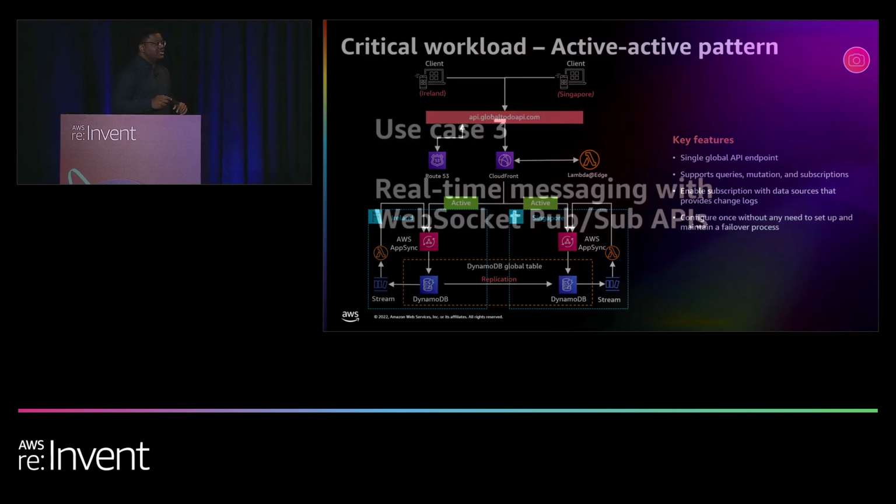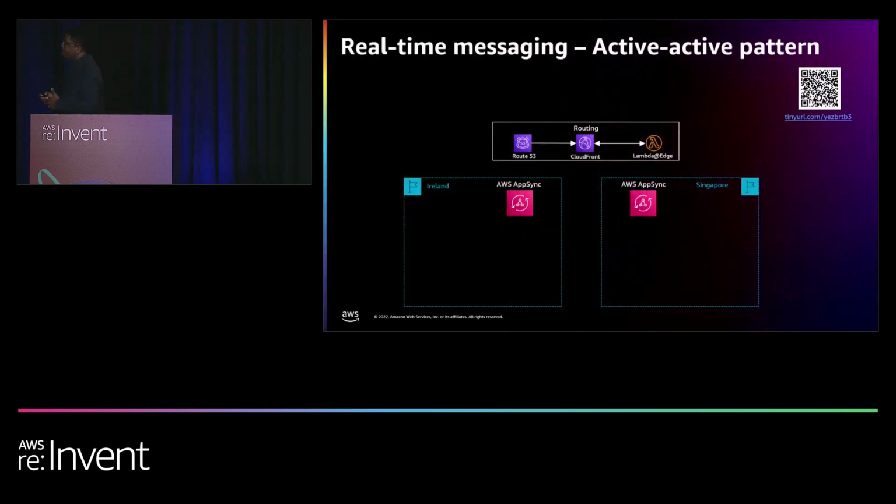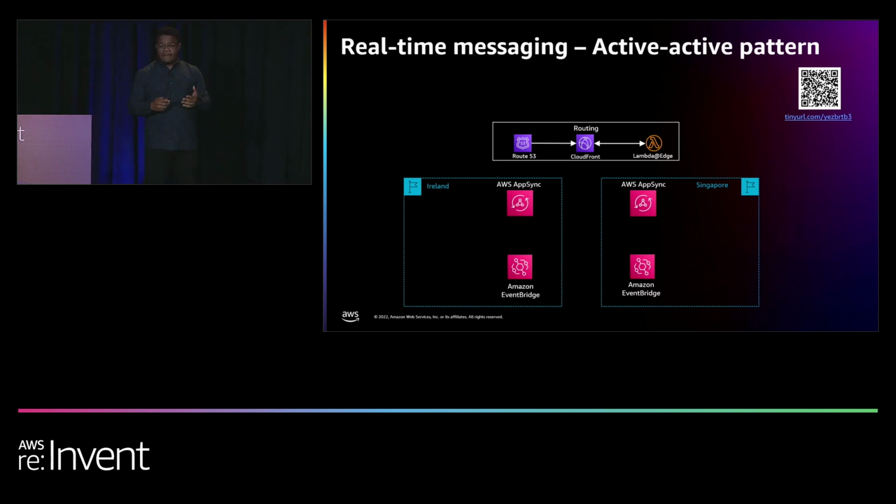Now, let's look at the third use case. So the third use case is if you have a real-time messaging use case. So you want to build a PubSub API, or you have an existing application, you want to integrate PubSub into the application. How do you go about architecting this with AppSync? So again, we're going to deploy AppSync in 2 regions with our routine setup.